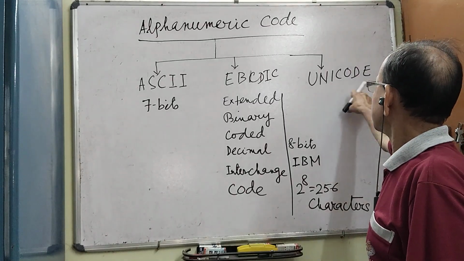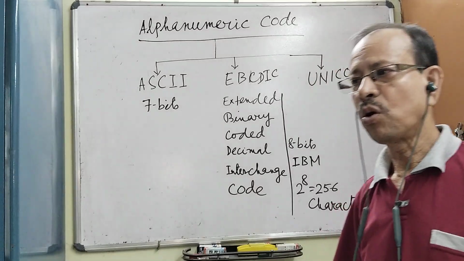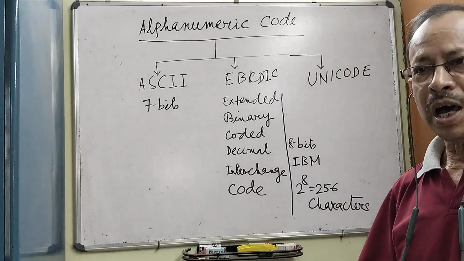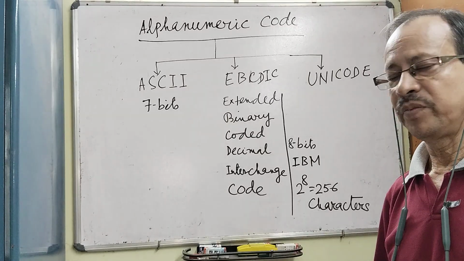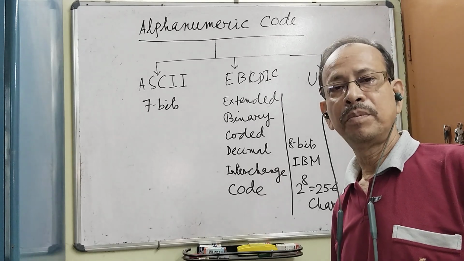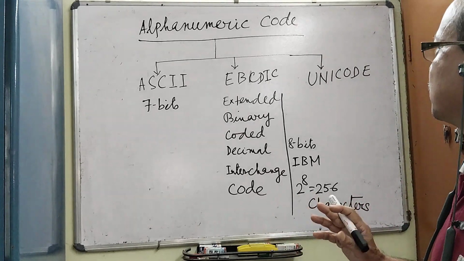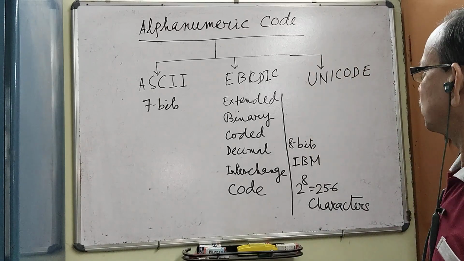So, with help of Unicode, we can represent all alphabets, that is all script, in maximum number of languages. So, it is the latest version, our Unicode.